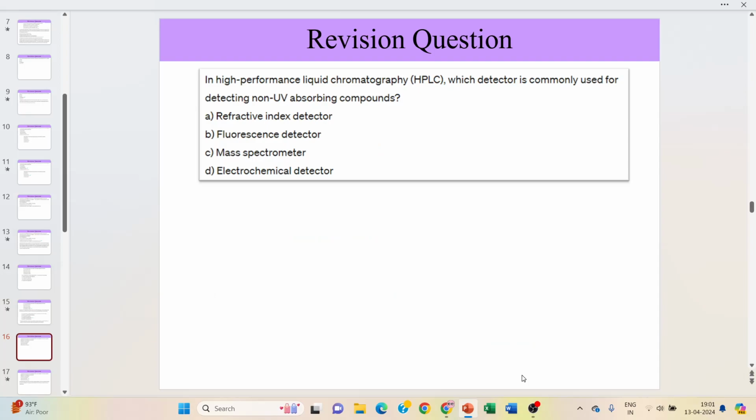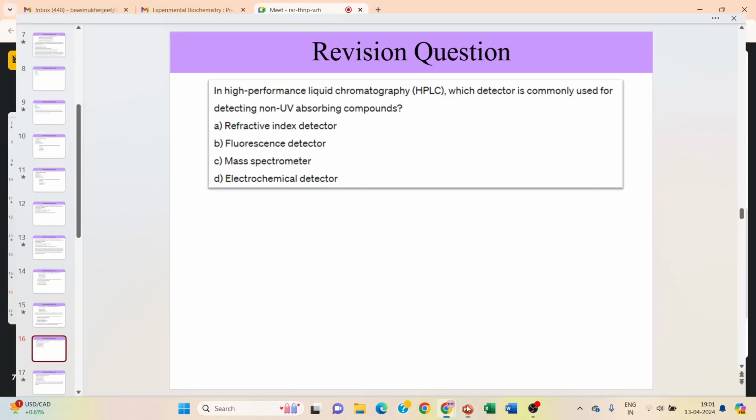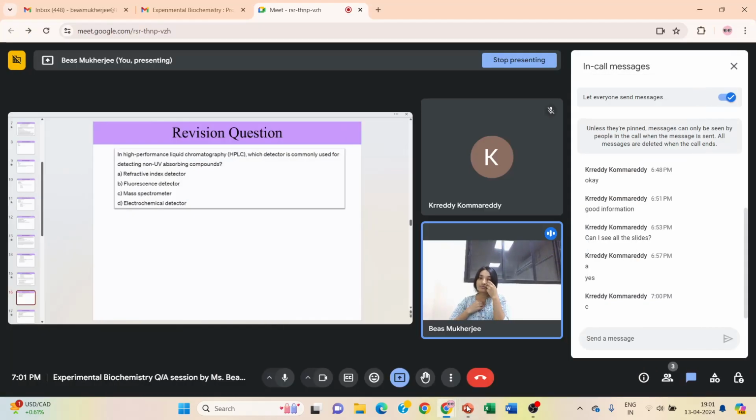Fine. Now for the next question, we have HPLC. So in HPLC, if there is a substance which cannot absorb UV light, then how do we measure the amount of the substrate or whether it is present or not? Right. So for that, we need to go for what? Refractive index detector, fluorescence detector, mass spectrometer, or electrochemical detector.